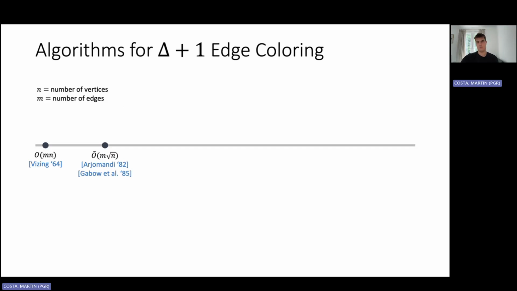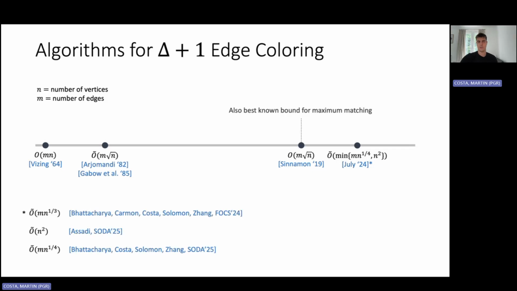And then this was not improved upon for a very long time until much more recently, Sinnamon showed how to shave off the small polylog factor from the running time of this algorithm, really by just having a slightly different analysis, okay? And then more recently, there was a sequence of works which improved upon the running time of m√n for this problem.